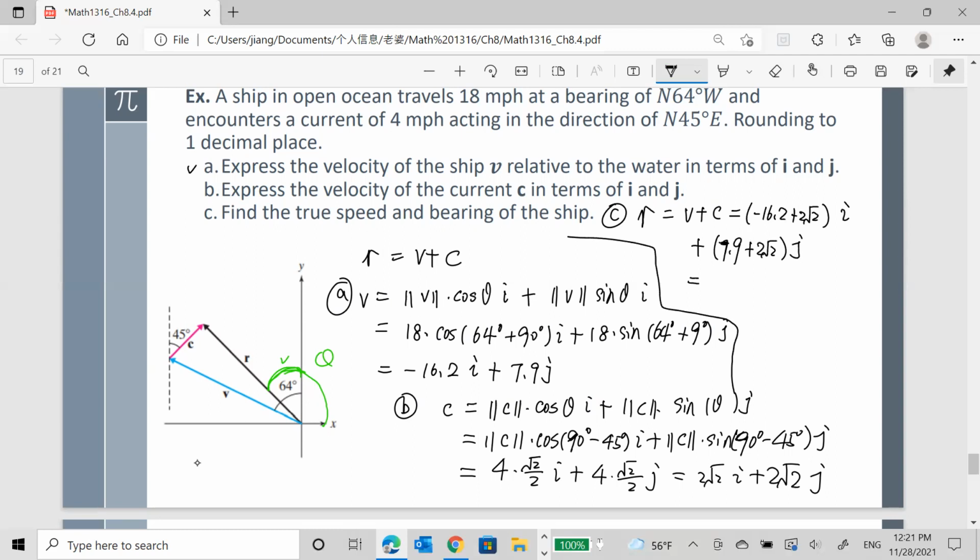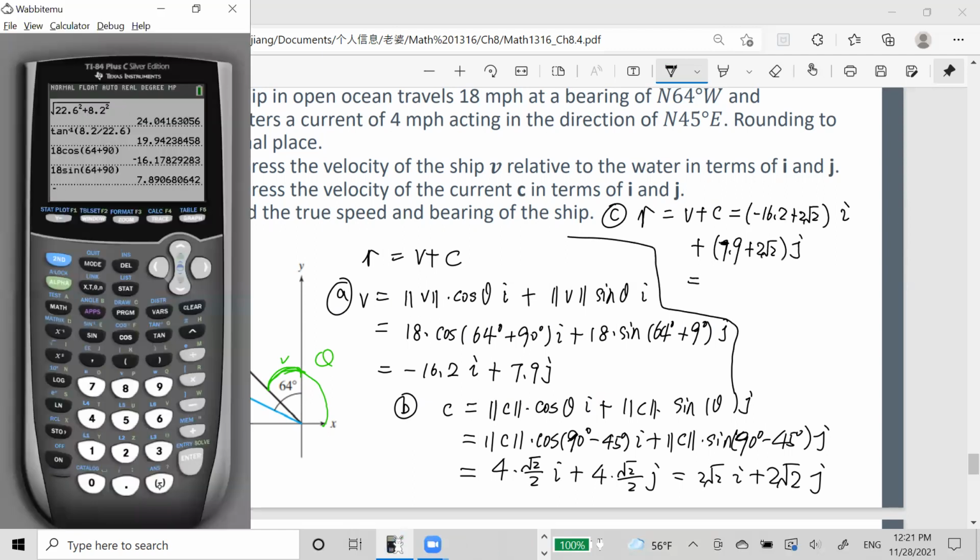So let's see. Negative 16.2 plus 2 times square root 2. Hit enter to see what that is.